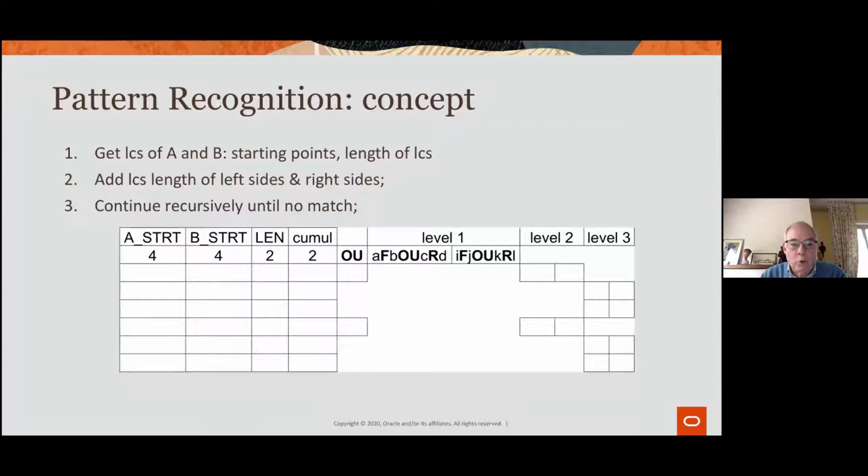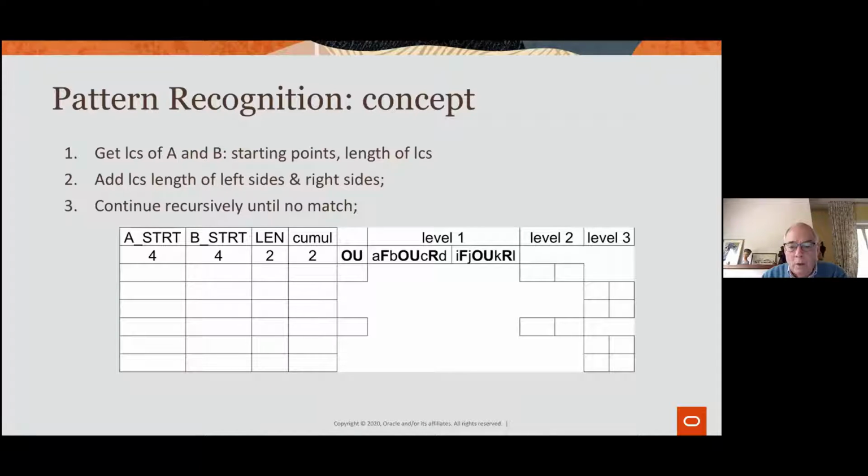But let me show you how this recursion would work with a simple example. I've got two strings, and within each string, I can find F, OU, and R. So the first time I run my LCS function, I'll get a length of 2. I'll find OU. I'll get a length of 2, and I'll get starting points at position 4 in both strings.